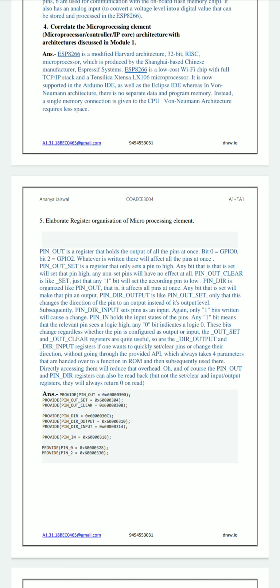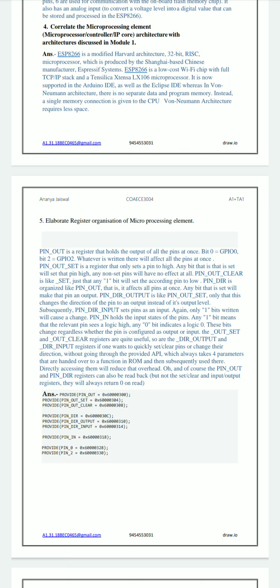Subsequently, PIN_DIR_INPUT sets the pin as an input. Again, only a bit that is written will cause a change. PIN_IN holds the input states of the pins. Any 1 bit means that the relevant pin sees a high logic. Any 0 bit indicates a logic 0. These bits change regardless of whether the pin is configured as output or input.